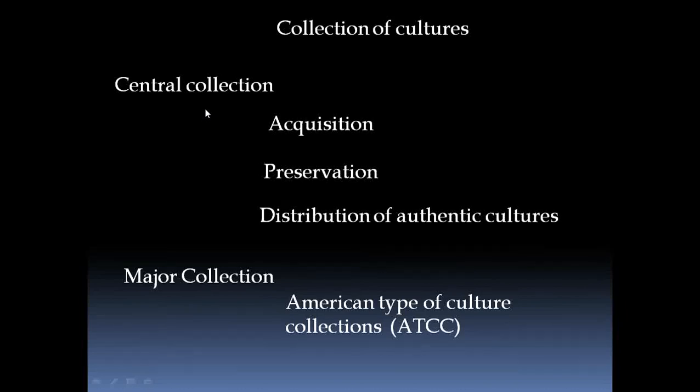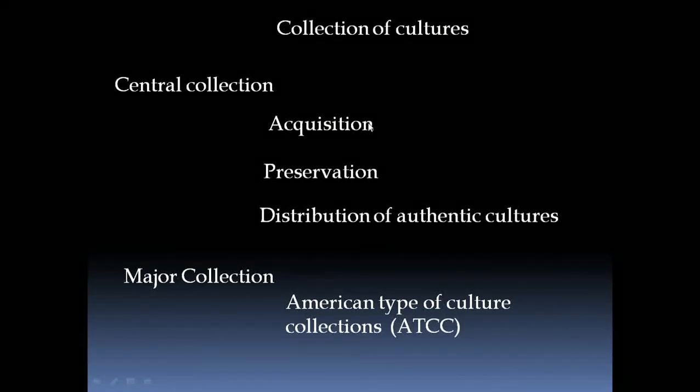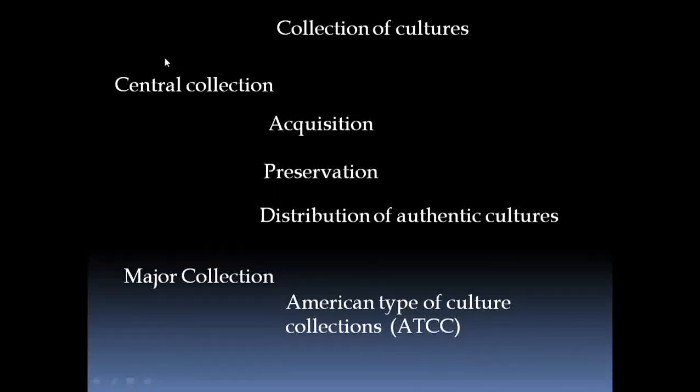So what is done in central collection? We are going to have acquisition and preservation. Acquisition as in, say for example, lab 1, lab 2, lab 3. Lab 1 is in the UK, lab 2 is in Canada, and lab 3 is in India. So what we can do is centralize our collection. How can we make the centralization?